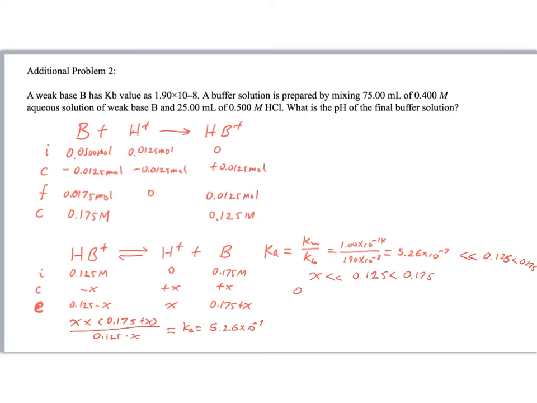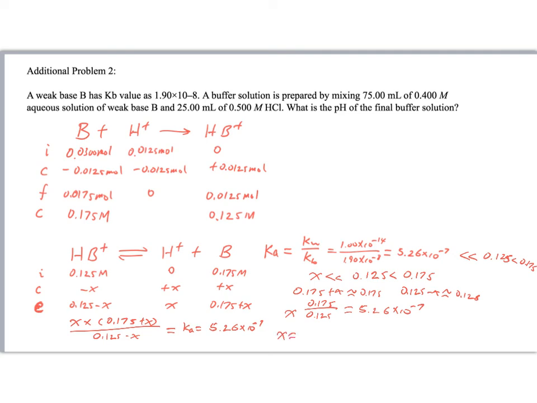So 0.175 plus X is about 0.175, and 0.125 minus X is about 0.125. The equation becomes X times 0.175 over 0.125 equal to 5.26 times 10 to the negative 7.